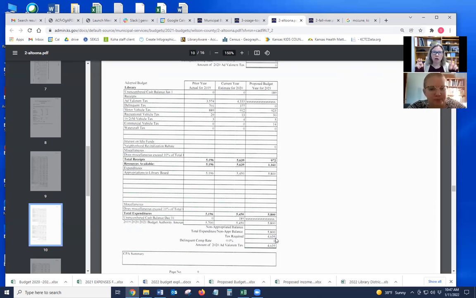Laura will say, we're solving for X. You'll hear that term a lot, solving for X. And this is what she's talking about: the difference between what you need and what these other little taxes will pay for is how much ad valorem tax the city needs to raise on your behalf.